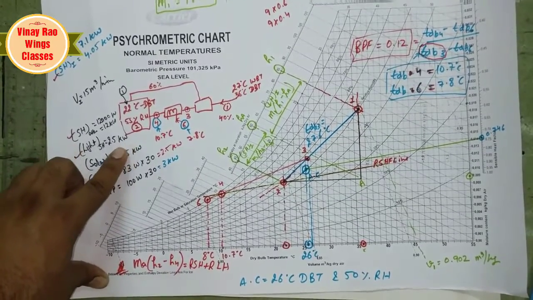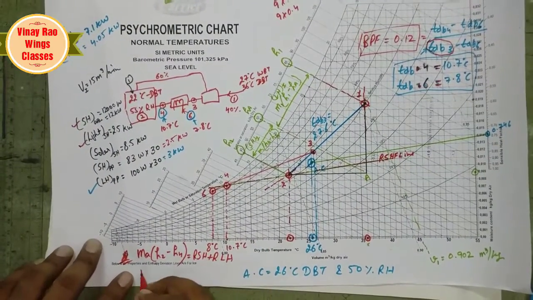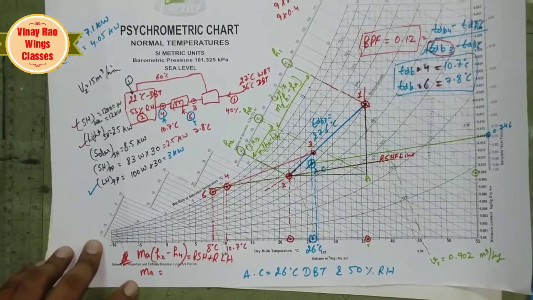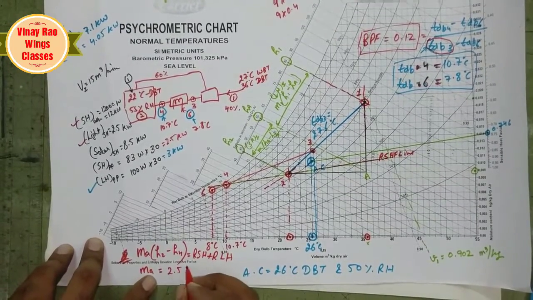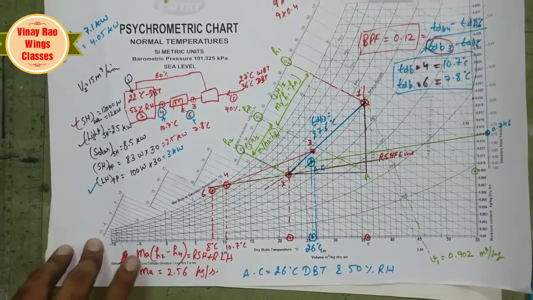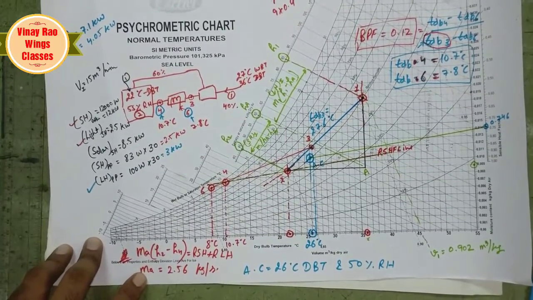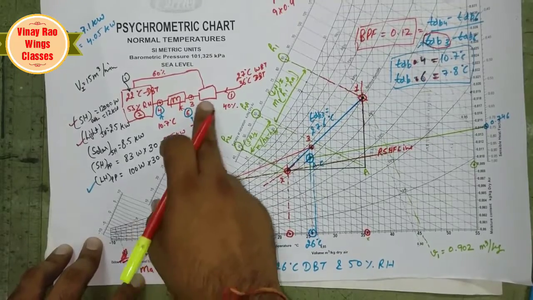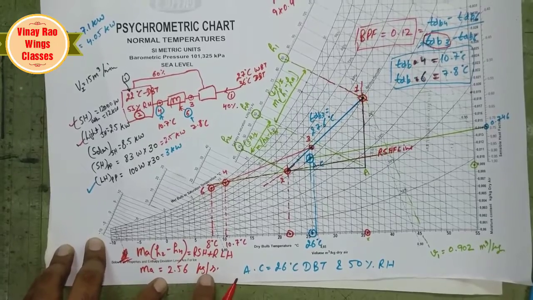This is important. We got the result MA as 2.56 kg per second, the mass of air circulating that produces the refrigerating effect.